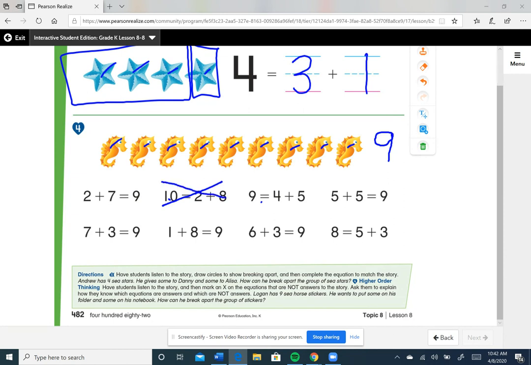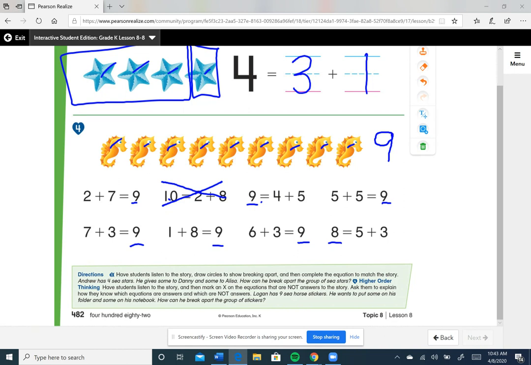Ooh, and now be careful, because we see the equal signs, right? We need to make sure they equal 9. But they're going to try to trick you now. You can't just assume or guess that that's going to be right, because what's 7 plus 3? You can use your counters.